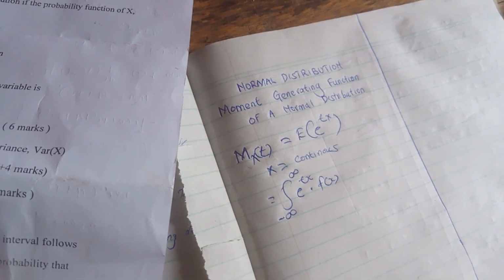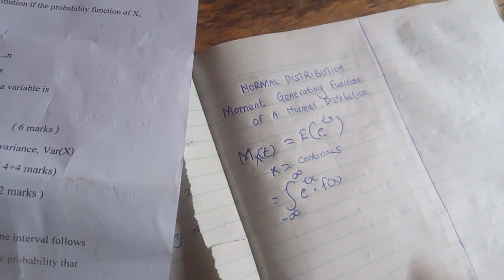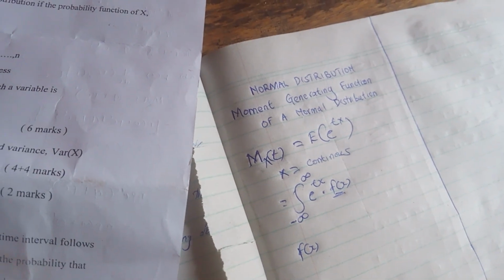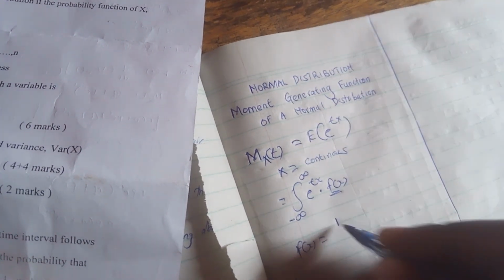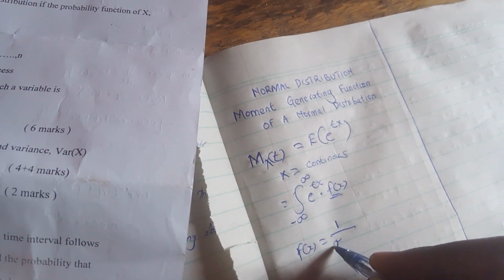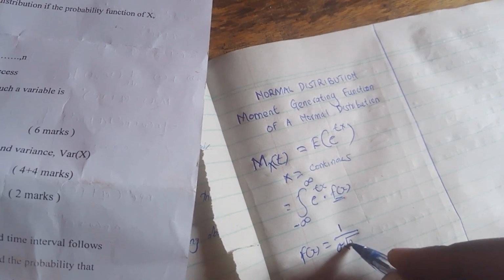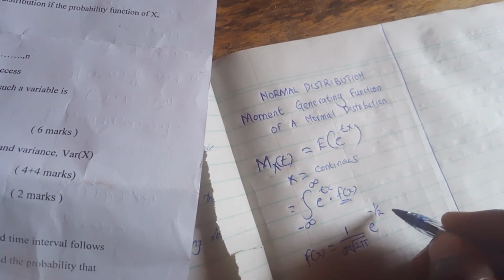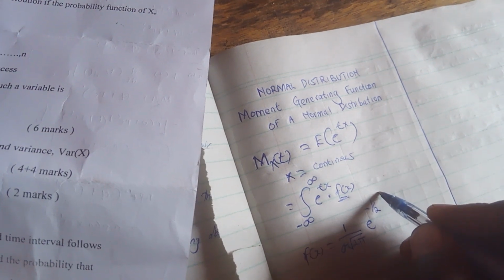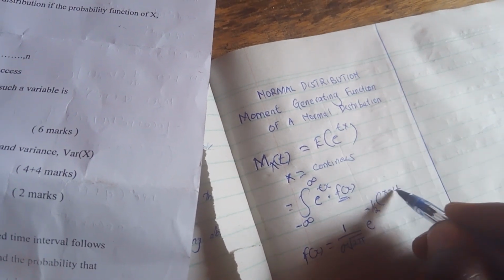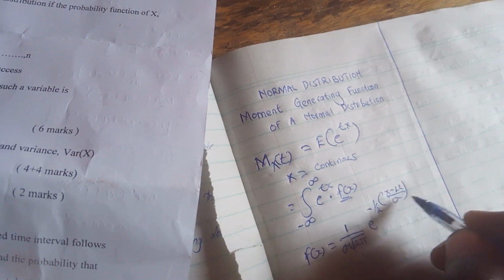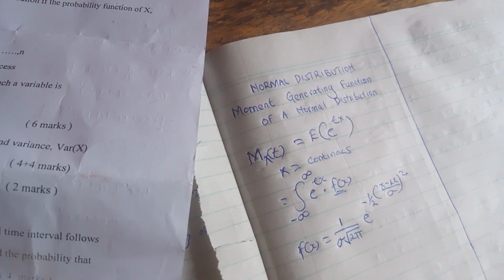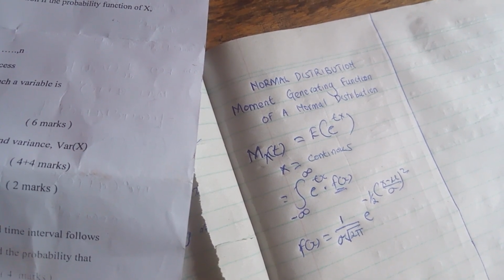But under the normal distribution, the probability mass function f of x is always represented as 1 over sigma root 2 pi, exponential negative half into (x minus mu, which is the mean, over sigma) squared.